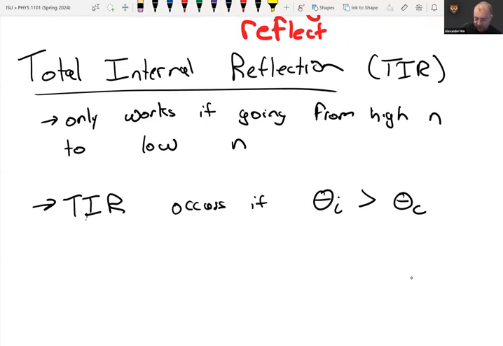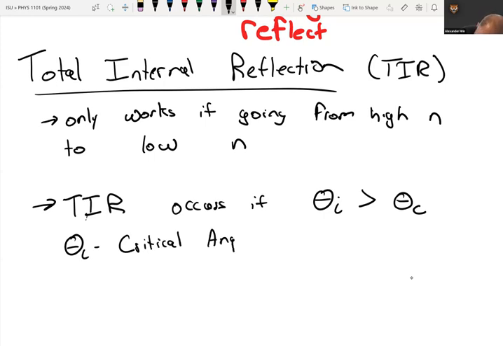Actually, I'm going with greater than. If it's equal to the critical angle, then that light is actually lost. It leaves, kind of parallel to the surface. What occurs at the critical angle is interesting, but I'm not going to go into that. Theta sub c is what we call the critical angle.